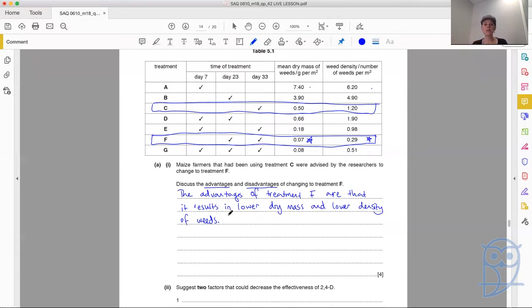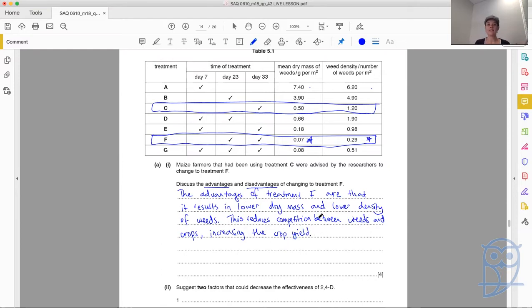We want less weeds so that we have less competition with the crops and therefore we have higher yields. So this reduces competition between weeds and crops, increasing the crop yield.